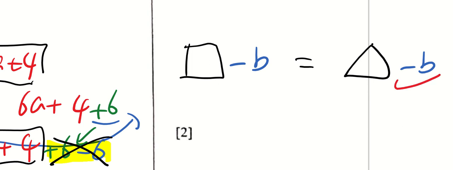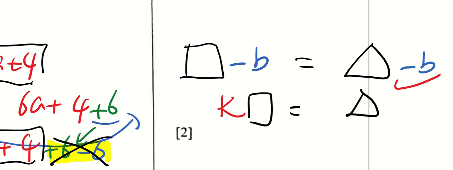If I were to multiply both sides by something, so for instance, I have some number k, it can be positive or negative, equals to, I also multiply k to the triangle. So long as it's the same k, no problem for the equal sign. Okay, for an equation, I can multiply, divide, plus or minus the same thing on both sides of the equation.